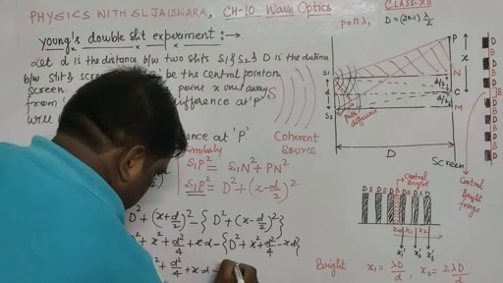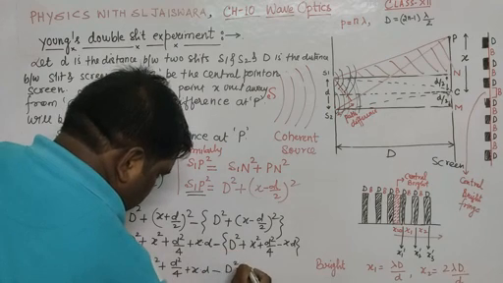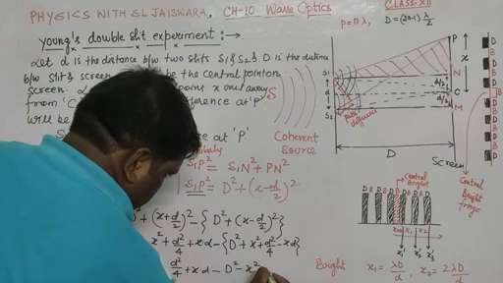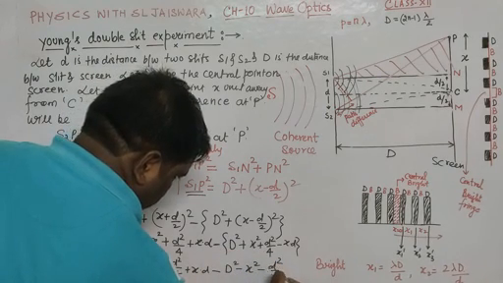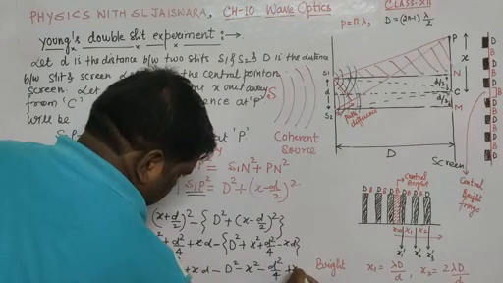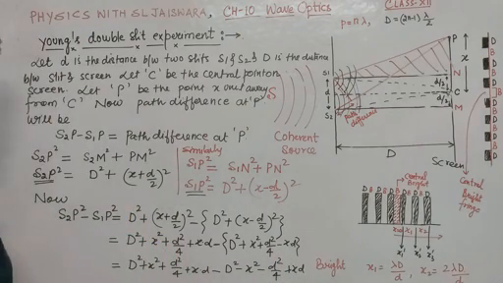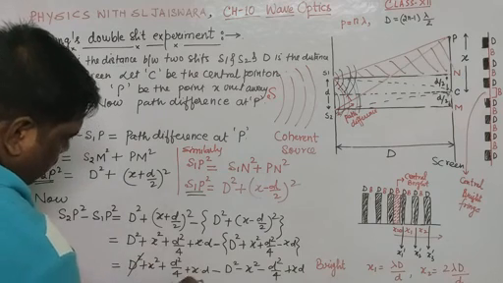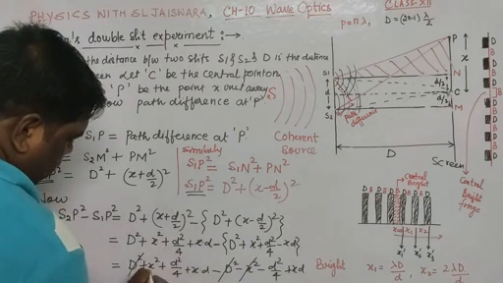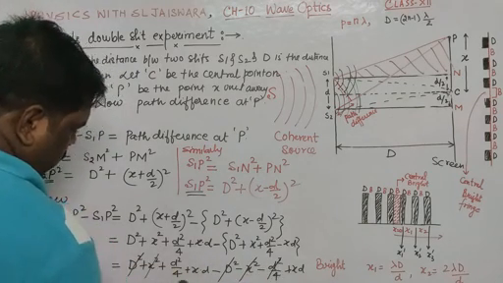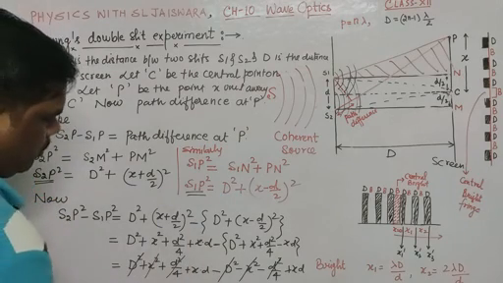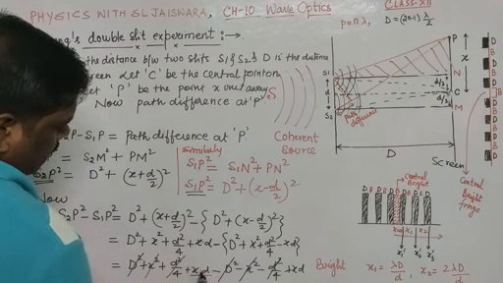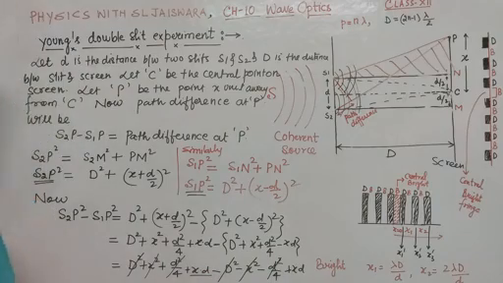minus d square, minus x square, minus d square upon 4, and this minus becomes plus x d. See, d square cancels with minus d square, x square cancels with minus x square, and d square by 4 cancels with minus d square by 4. Finally we will get x d plus x d.